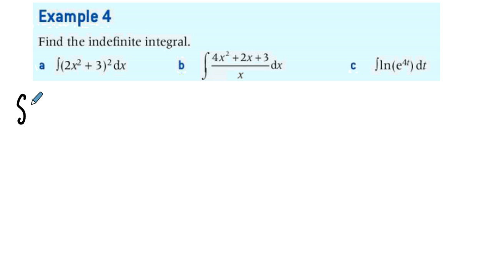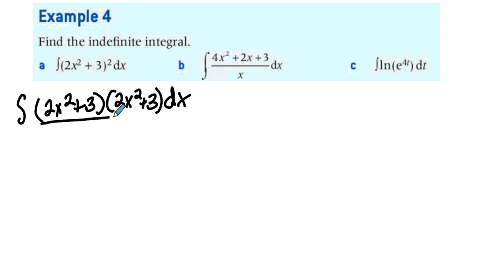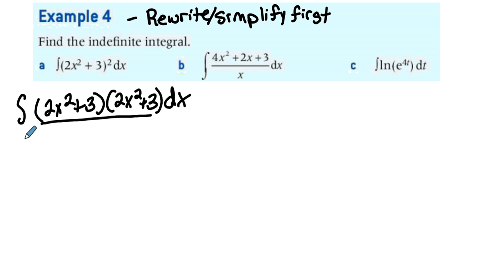We are going to have to integrate the product of 2x squared plus 3 times 2x squared plus 3. So I need to expand that whole thing before I can integrate. So therefore, we're going to integrate 4x to the 4th plus 12x squared plus 9 with respect to x.